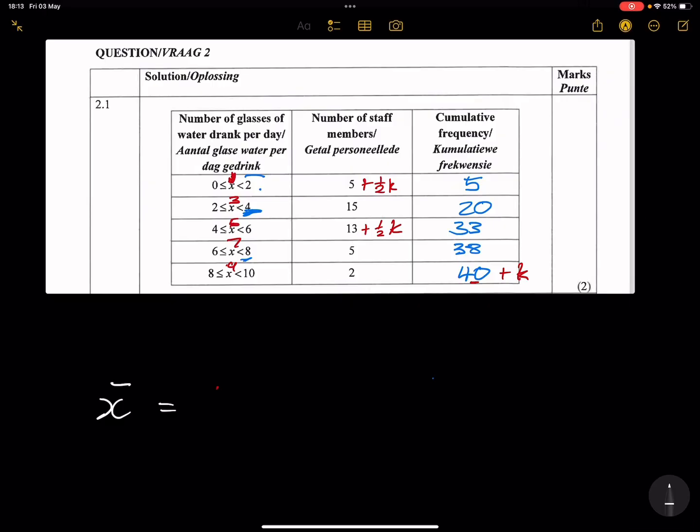So that's 1 multiplied by 5 plus half k, plus 3 times 15, plus we've got 5 times 13 plus half k again.